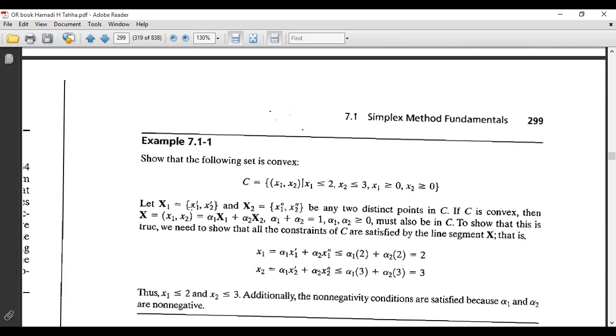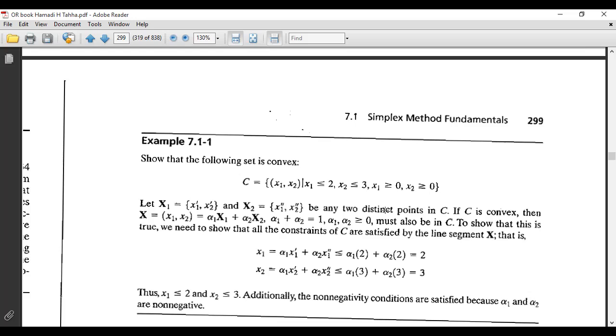Then we take X1 equal to (x1 prime, x2 prime) and X2 equal to (x1 double prime, x2 double prime), be any two distinct points in C. So if C is convex, then X should be equal to (x1, x2), which is equal to alpha 1 X1 plus alpha 2 X2, where alpha 1 plus alpha 2 should be equal to 1, and alpha 1 and alpha 2 are greater than or equal to 0. So X must also be in C.